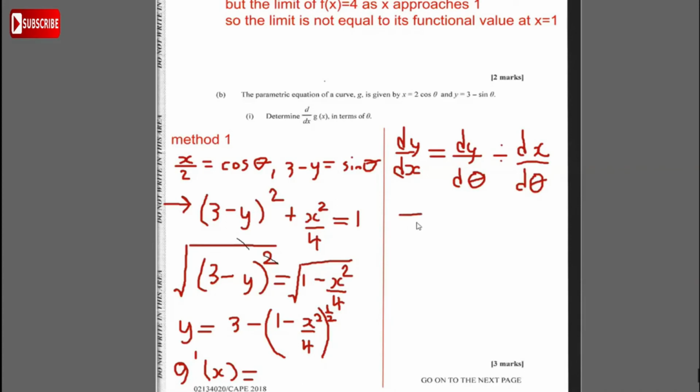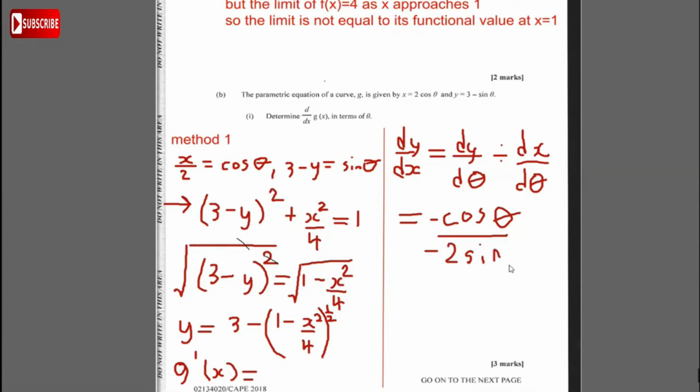And so what you're going to get is dy by d theta. Differentiate this with respect to theta. When you differentiate sine, you get cos. That's going to be minus cos theta divided by dx by d theta. When you differentiate 2 cos theta, you get minus 2 sine theta.